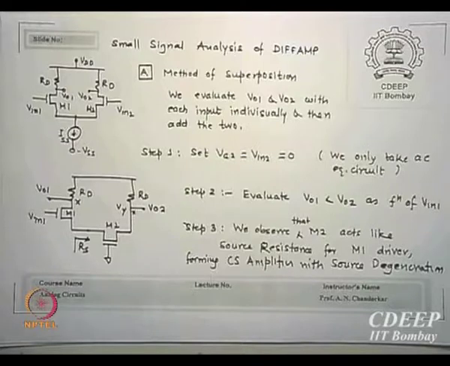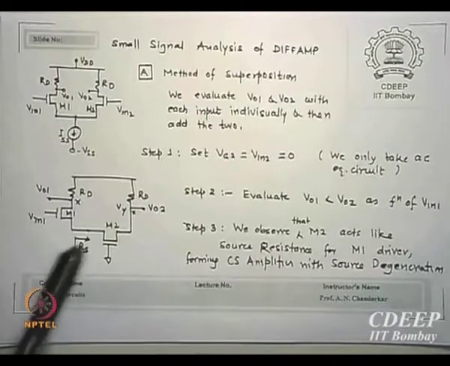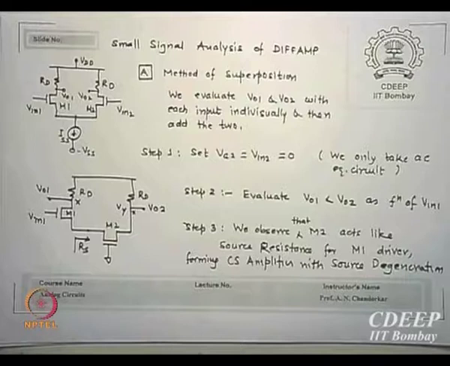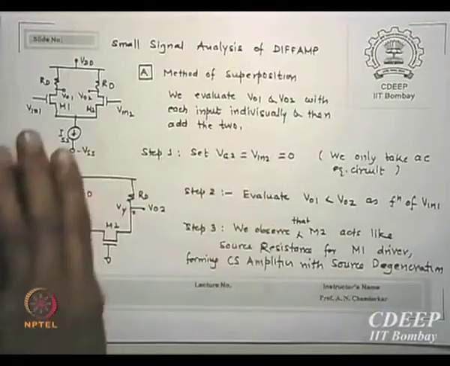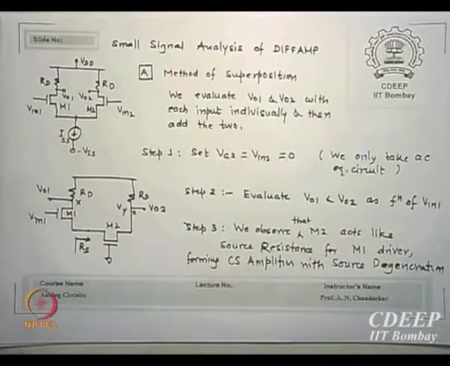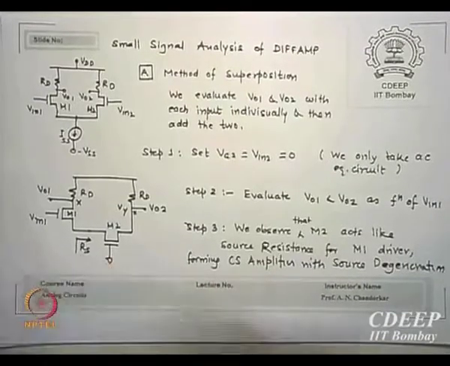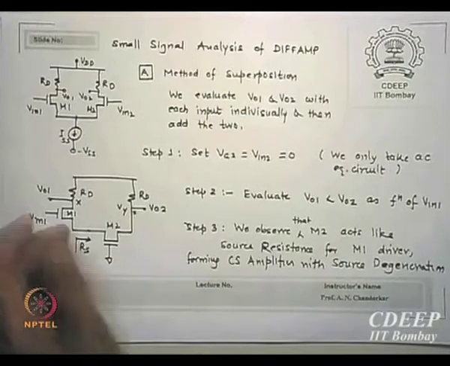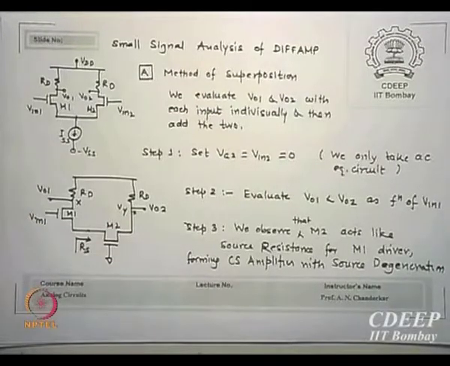Is that clear? So I say, why not evaluate the equivalent resistance here for M2 and then say I have one amplifier with source degeneration. This is the trick I use. This M2 is seeing some resistance for this M1. I want to know how much that resistance is, which I will call the source resistance of M1.